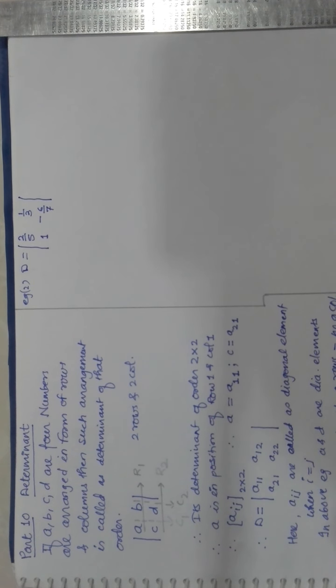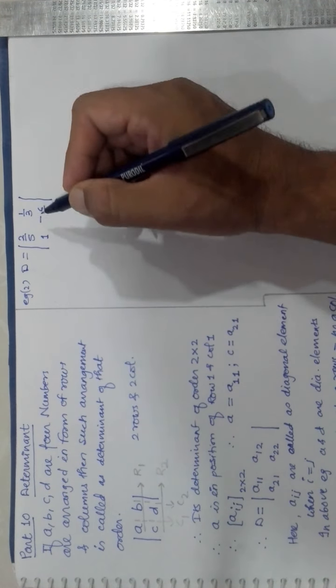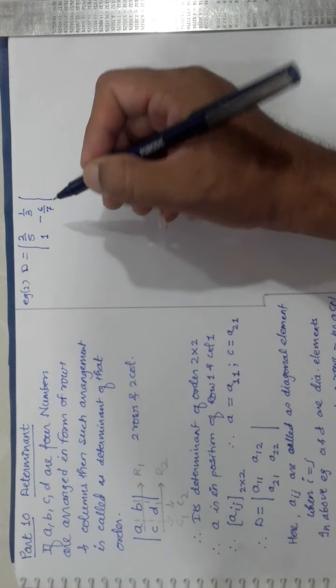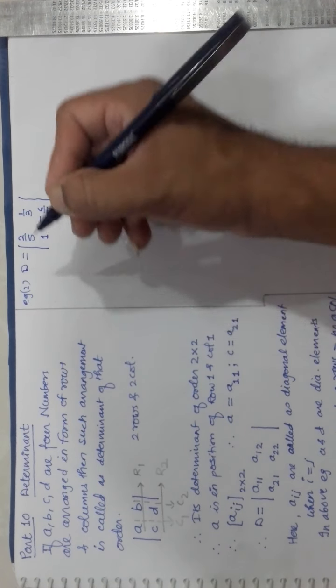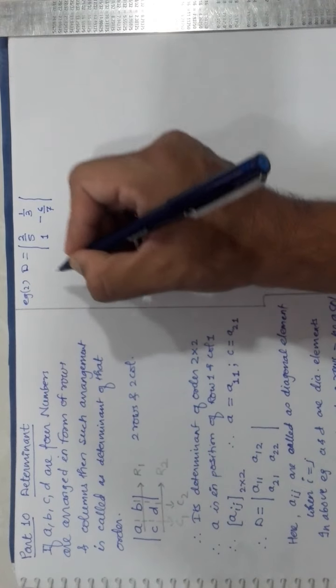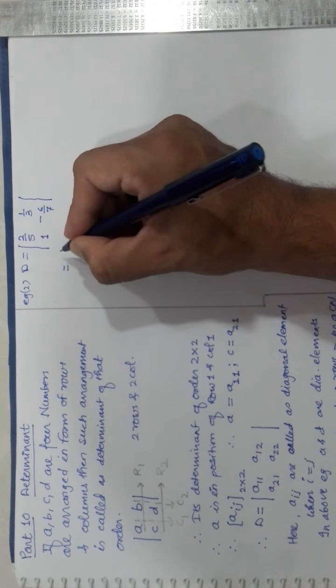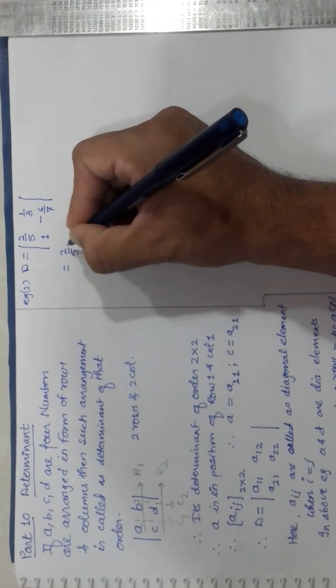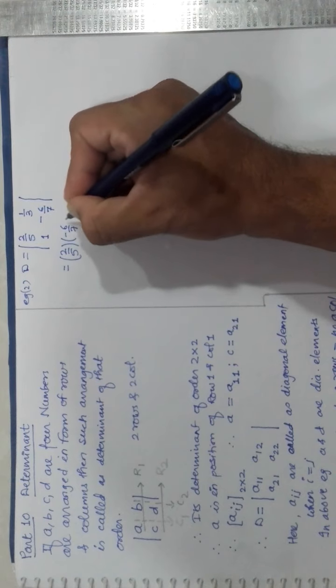Now, I have written one more determinant over here. It is 2 by 5, 1 by 3 in row number 1, and 1 and minus 6 by 7 in row number 2. So if I want to find the value of this, it will be equal to the product of diagonal elements, that is 2 by 5 multiplied by minus 6 by 7.